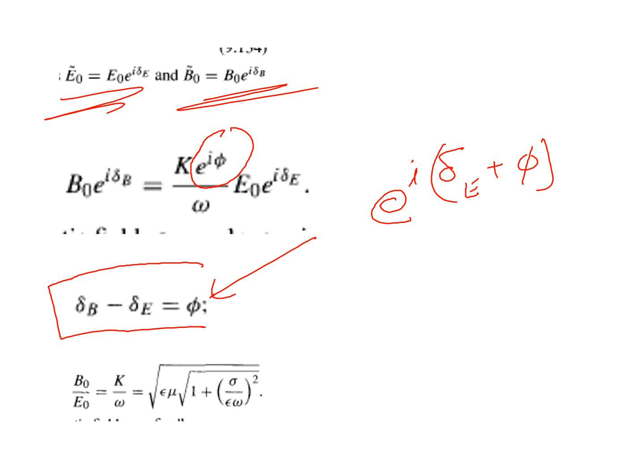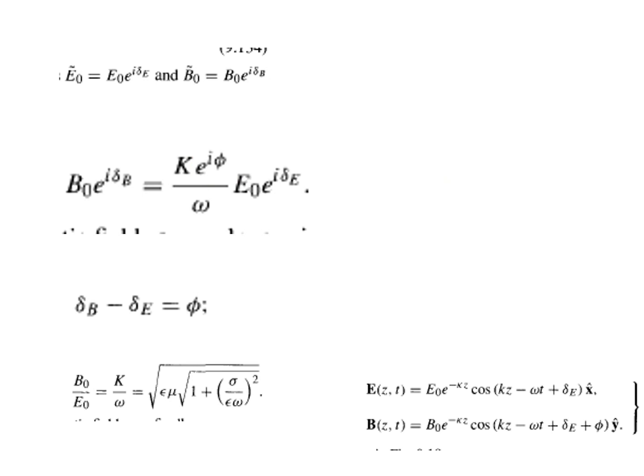And when you substitute the values of k and omega, you will get B0 by E0 equal to root of mu epsilon times root of 1 plus sigma by epsilon omega whole square. You can try these mathematical calculations if you need, because we just substituted the values.